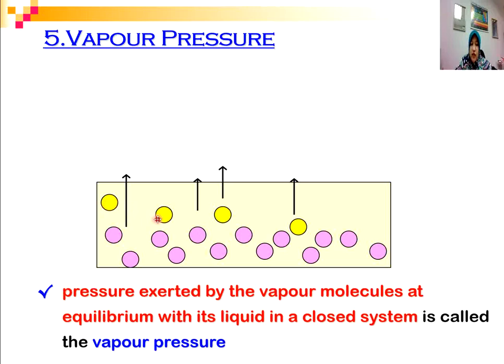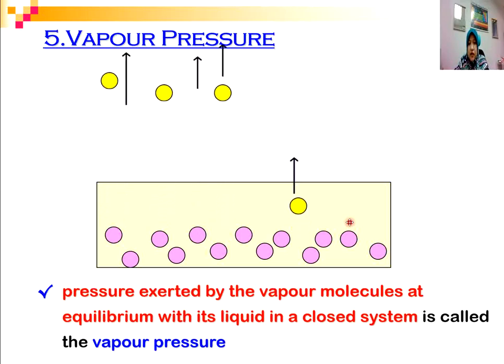We know that when the surface particles have enough energy, they will vaporize and turn into gaseous particles. From time to time, we will have more gaseous particles formed. And we know the behavior of gas particles, they always collide with each other.